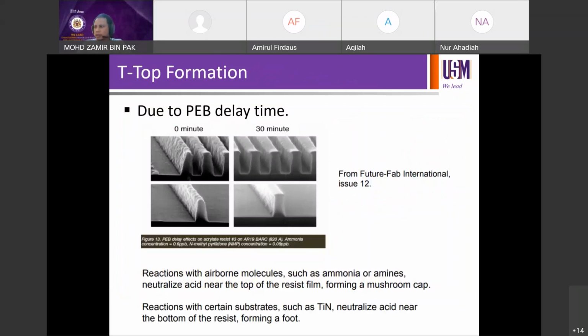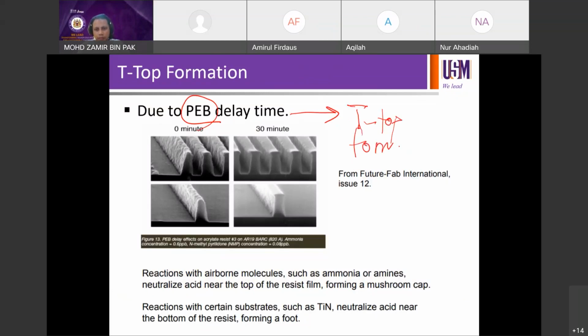Right. Another problem is PEB delay time. So when you optimize PEB, say if you want to extend the time, you will also introduce another problem that's called T-top formation. T-top, PEB delay time will induce another problem called T-top.